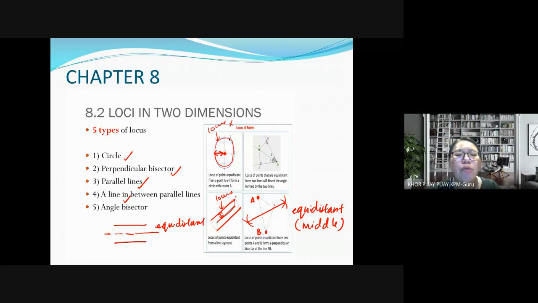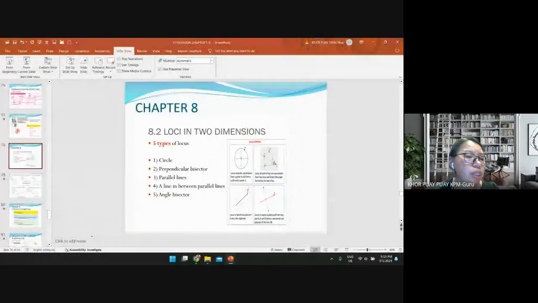Okay, then if you are given two lines that are intersecting, a V shape, you will need to draw an angle bisector, in the middle, which is also equal distance. So remember, there are 5 types of locus, and you must know what to draw when they give you all these keywords.